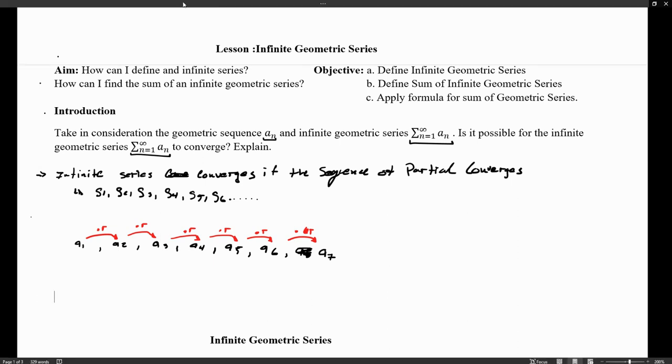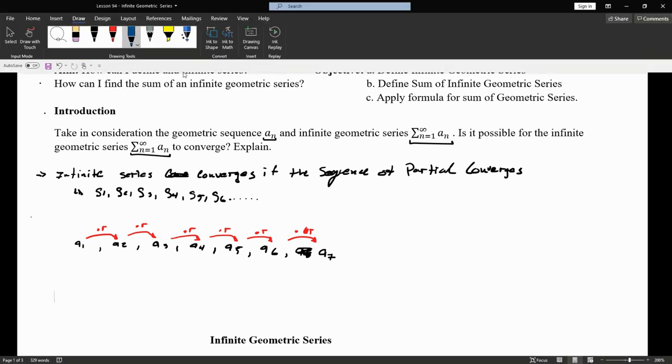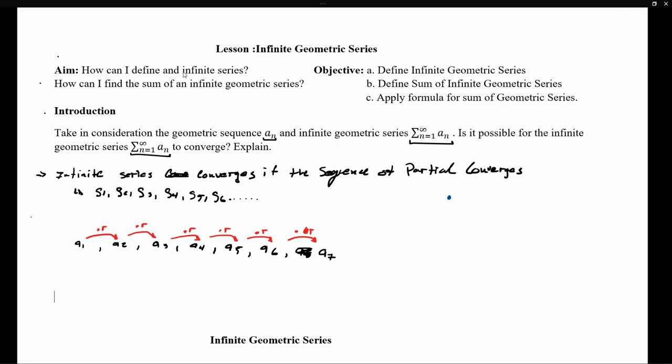Well, another point that we made in our previous class is that the sequence of partial sums converges if the sequence converges to zero.